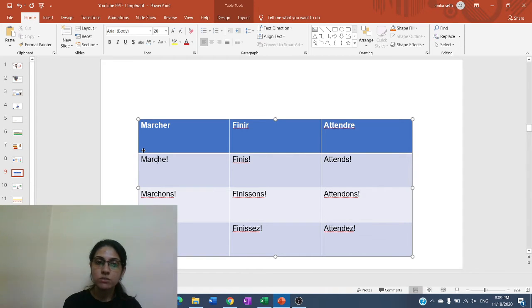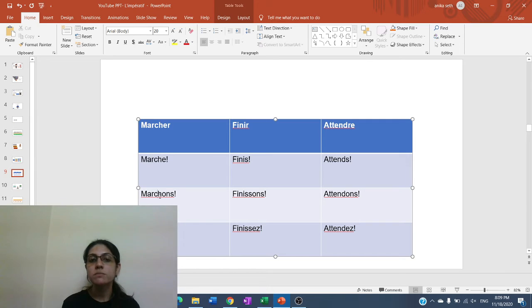Then is marchons. Nous marchons is the present tense conjugation. Remove nous, add ons. This becomes marchons, the conjugation without the subject pronoun and with an exclamation mark.